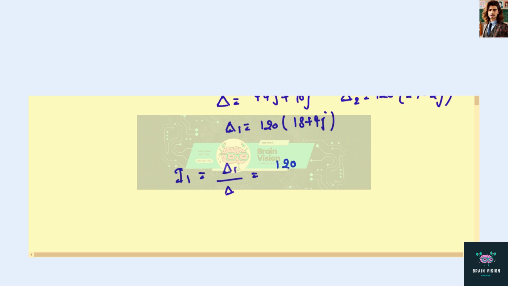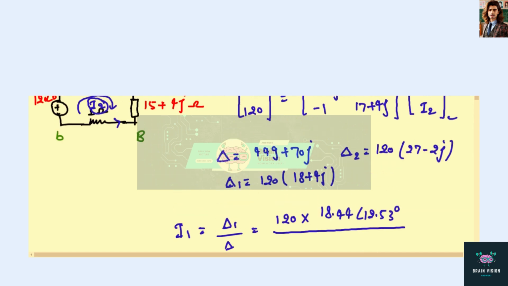This will become 120 multiplied with 18.44 angle 12.53 degrees. I just converted it into polar form with the help of a calculator and put it over here.